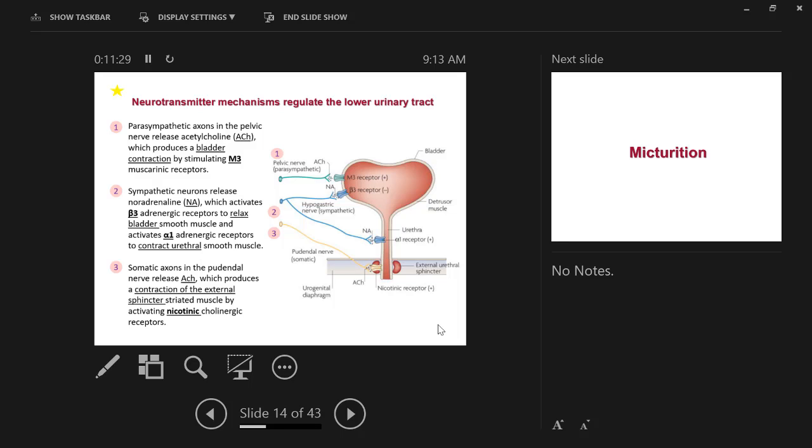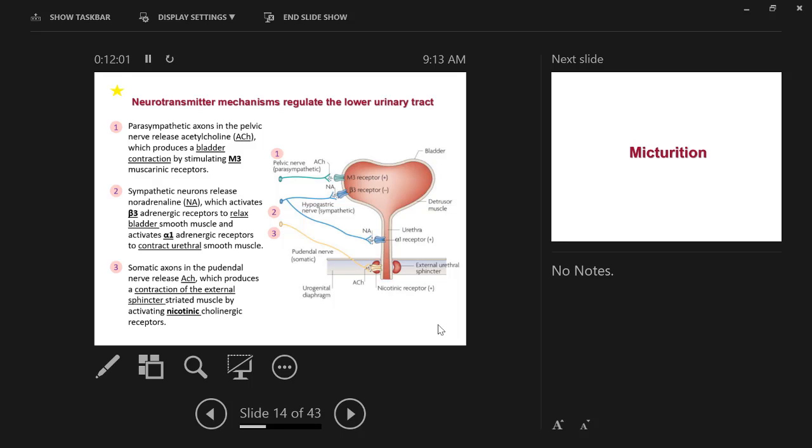The first one is the parasympathetic nervous system that releases acetylcholine here, and that binds to M3 muscarinic receptors. And you see this says plus. Plus means that stimulation of this receptor causes contraction. That's why it says plus.